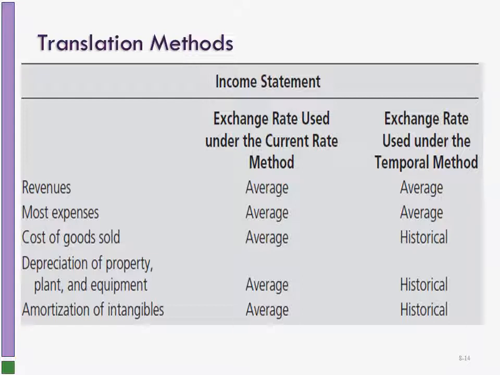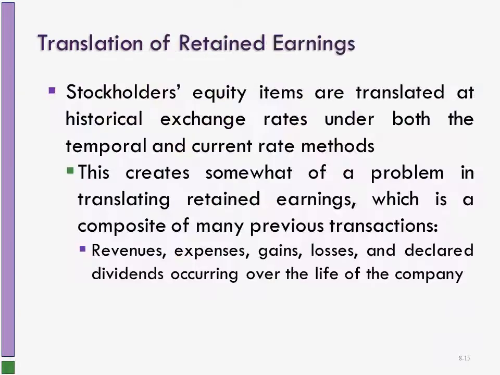However, under the temporal method, some items are translated at the historical exchange rate when the item is related to an asset which is translated at the historical exchange rate. Otherwise, we use the average exchange rate.